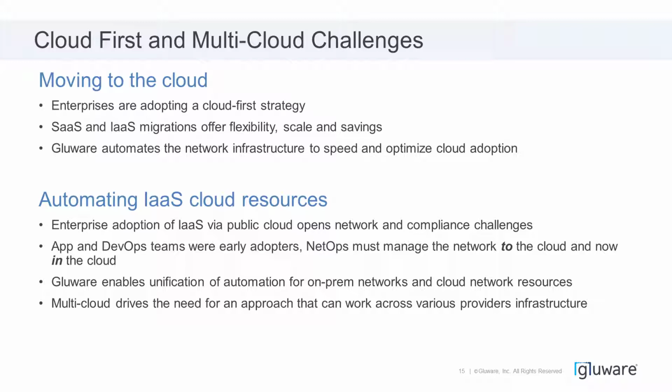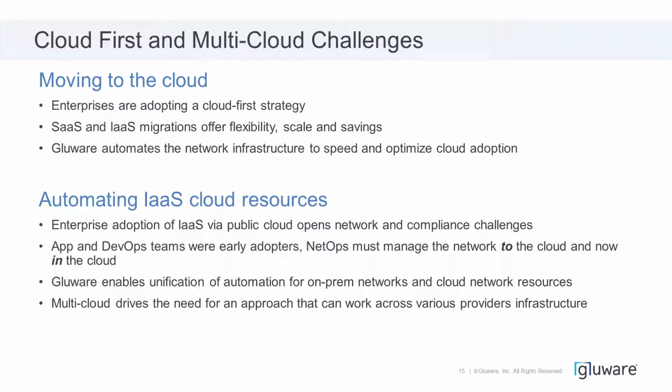These migrations offer flexibility, they offer scale, and they offer savings. That's part of the reason why Gluware is now offering a SaaS. But Gluware also automates the network infrastructure to speed the adoption of cloud. And we had a great case study from Merck back in the 2017 timeline of automating the network infrastructure to accelerate their move to the Azure cloud.